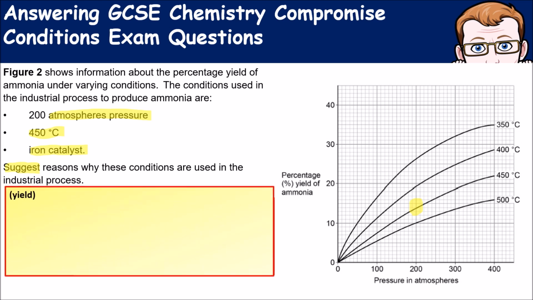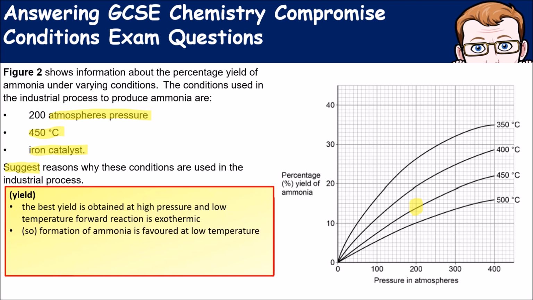If we think about things that are going to affect the yield, you can talk about the fact that the best yield is obtained at a high pressure and a low temperature, because this favours the forward reaction, which is exothermic. So the formation of ammonia is favoured at low temperatures.